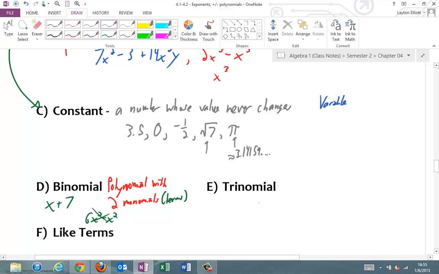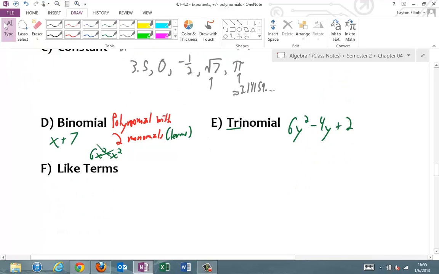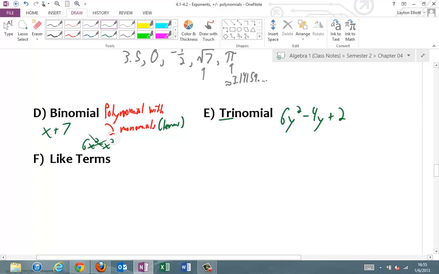A trinomial is also a polynomial with three monomials. I'm just going to underline that tri and give an example. If I said 6y squared minus 4y plus 2, that is a trinomial. So I'm going to move this little example here down one. Maybe remove some of the X marks here, because this was an example of like terms.